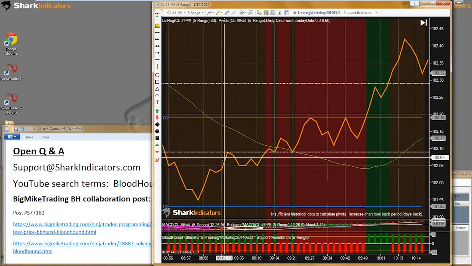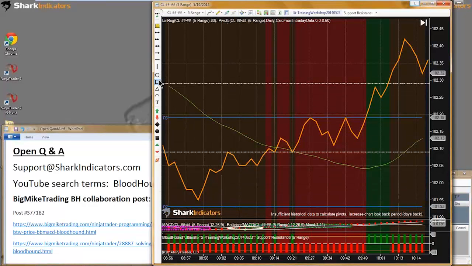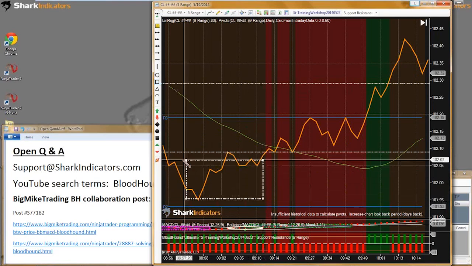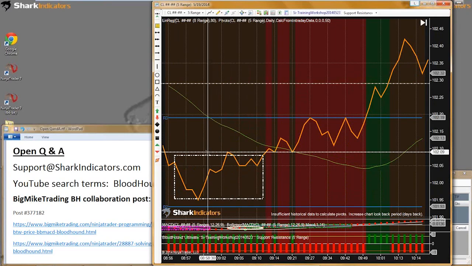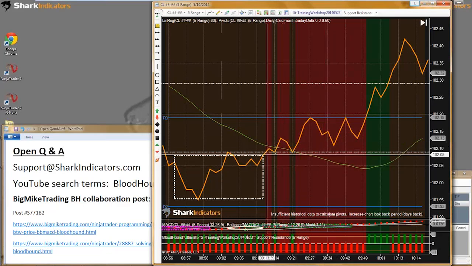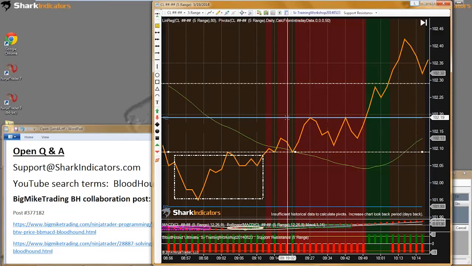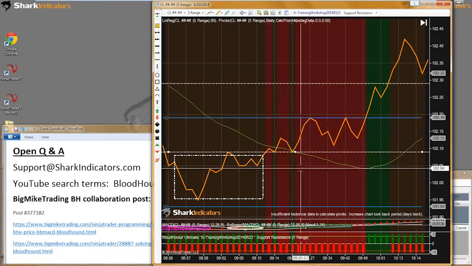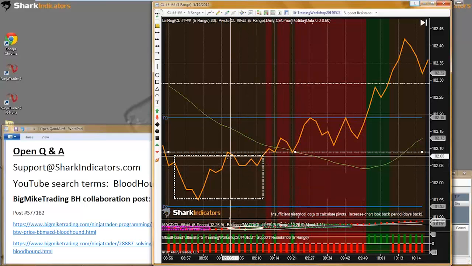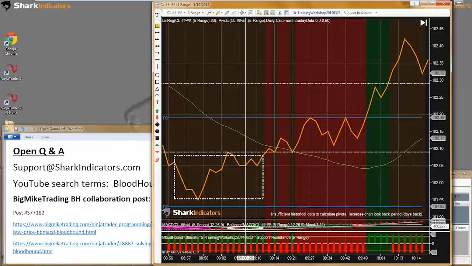Now, you can see whenever price in this area is below this 10 tick offset, represented by this dashed white line here, so remember, this white line is a 10 tick offset from our R3 line, we can see whenever price is below it, look at the long output from BloodHound.